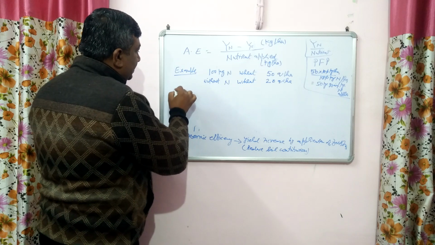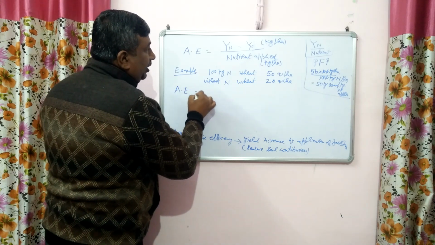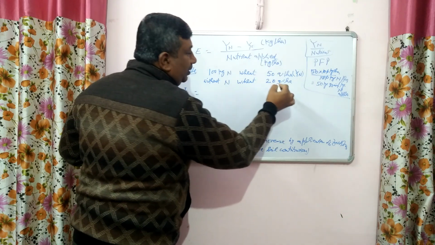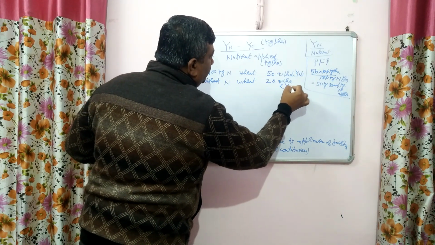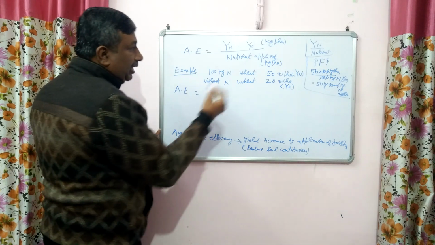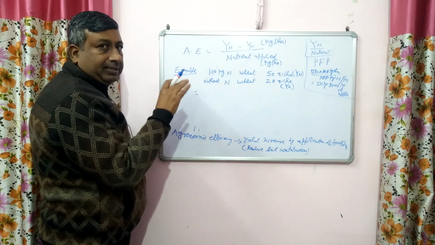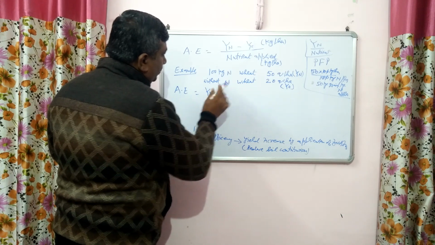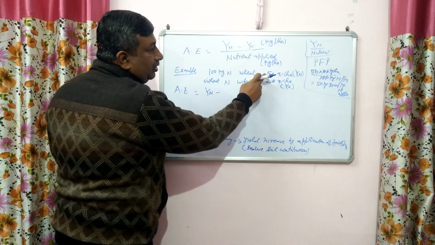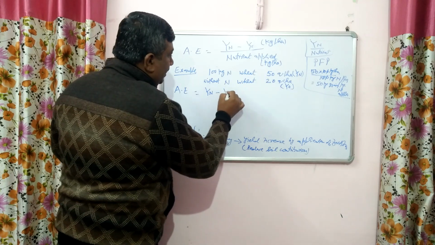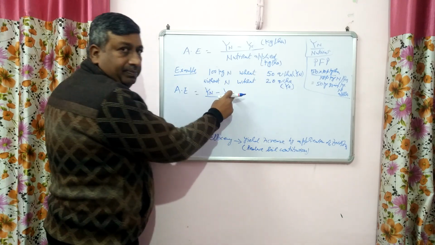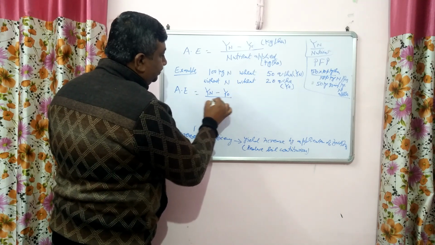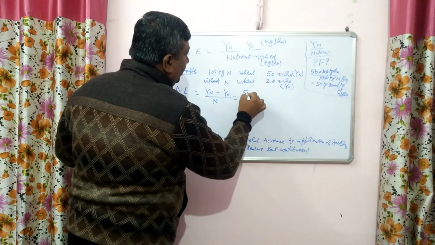Now in this case, agronomic efficiency, okay, so it is YN with nitrogen, and Y0 without nutrient or nitrogen. Here we are considering nutrient as nitrogen. Okay, so YN is yield with soil and fertilizer, and Y0 is yield in only soil, divided by amount of nitrogen. So it is 50 quintal.